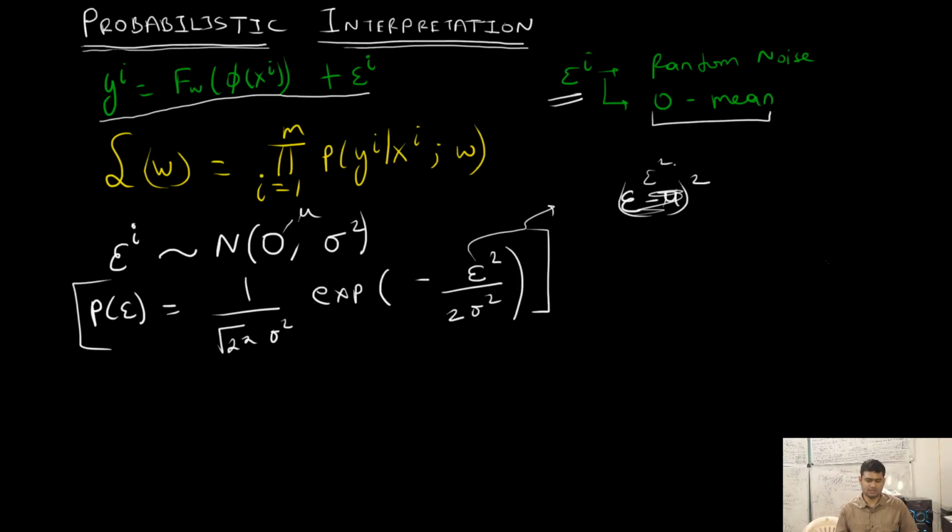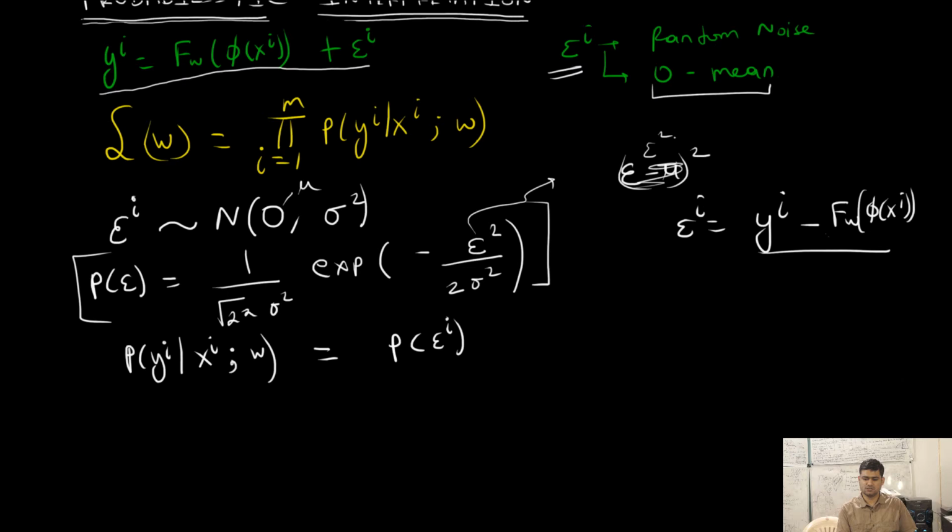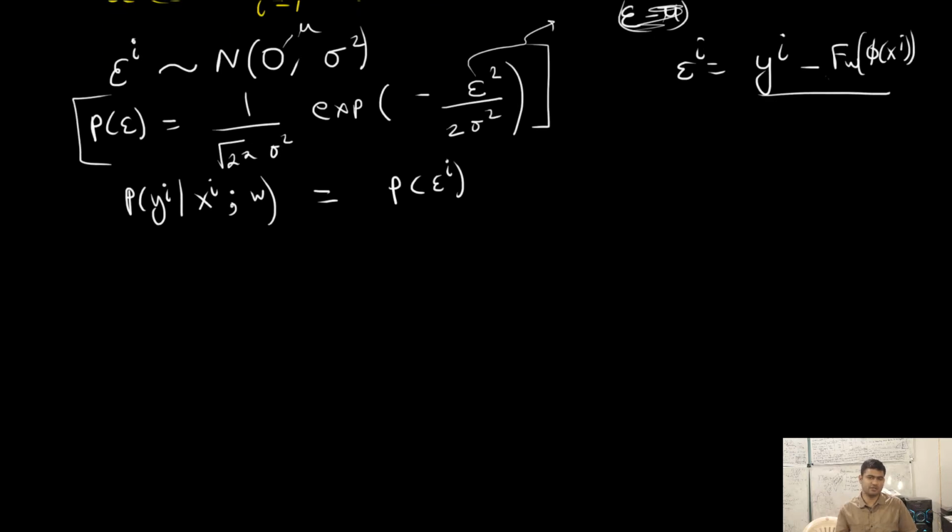Now, as you have seen, the probability of the observation yi, given xi and the parameter w, is simply the probability of epsilon i, where epsilon i is yi minus f_w of phi of xi. Also, in linear regression we have seen that we use linear models, so here also we'll consider linear models.